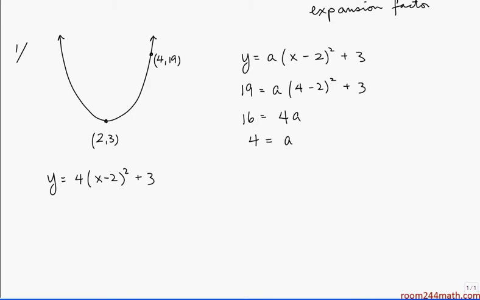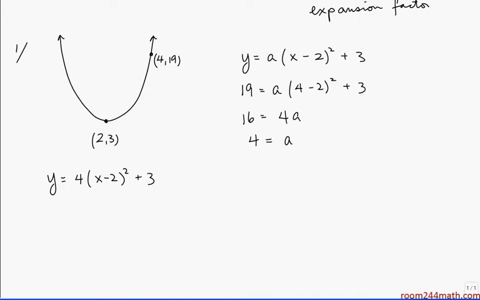Now let me point out one thing that will help you sketch parabolas very quickly given a quadratic function, and it'll also serve as a double check when you're doing this sort of task. That a value should tell you the change in the y-coordinate when you move one unit either side of the vertex.